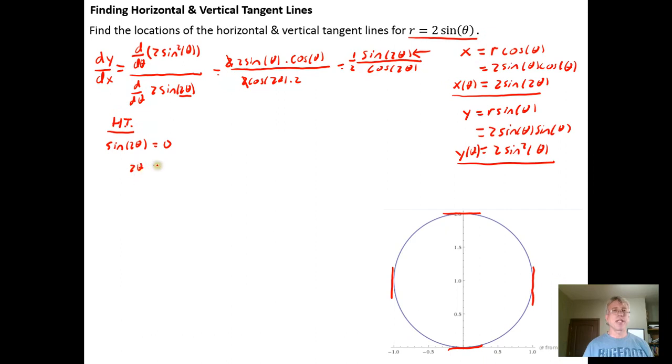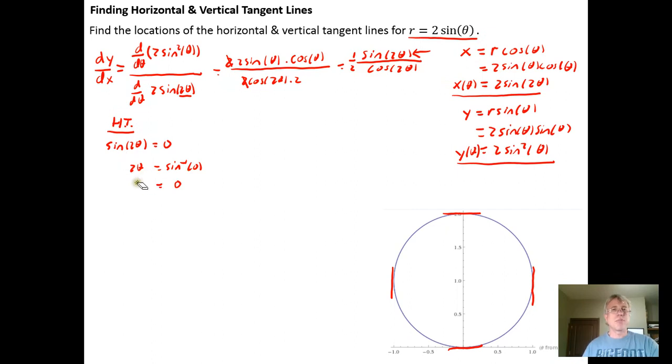So twice theta equals the sine inverse of 0. And we can always put plus 2 pi k if we want to identify that there's infinitely many solutions. We're not going to need to do that for this particular equation, but we could. And then we want to recognize that the sine inverse of 0 is just 0.